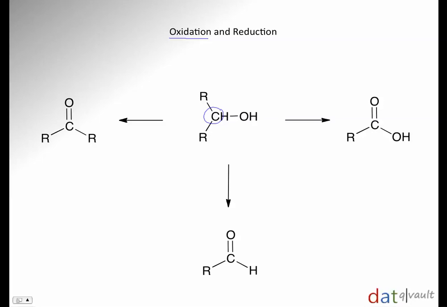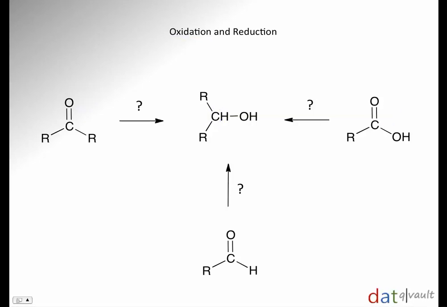We're doing that by creating more bonds from that central carbon to oxygen, or even in the case of oxidizing to a carboxylic acid, creating bonds to even more oxygen atoms. We can do this using a number of reagents, but this lecture is specifically going to focus on which reagents in particular will accomplish these specific chemical transformations.